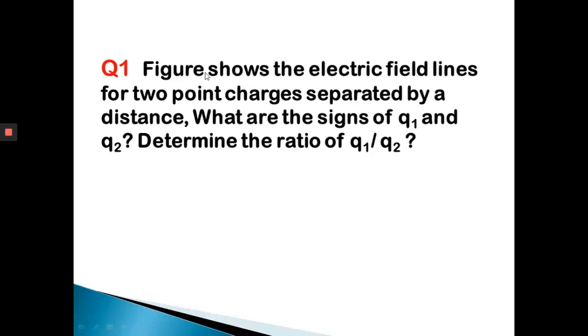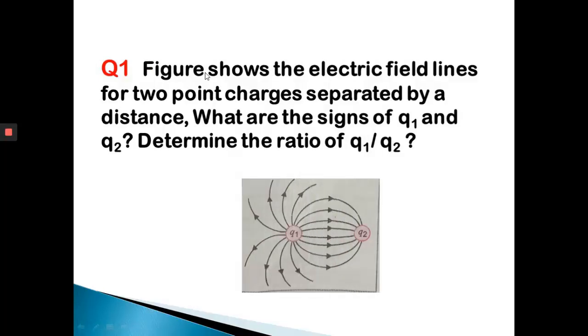First question: the figure shows the electric field lines for 2 point charges separated by a distance. What are the signs of Q1 and Q2? Determine the ratio of Q1 and Q2, that is, we should find Q1 by Q2.